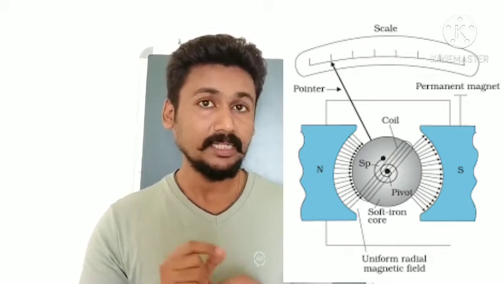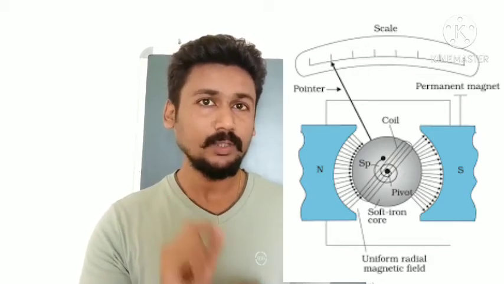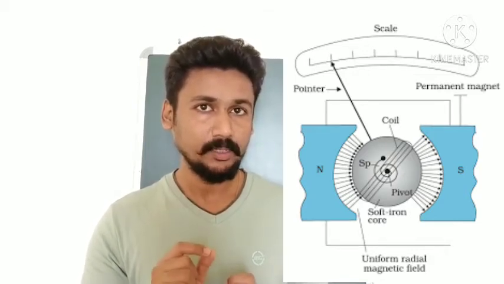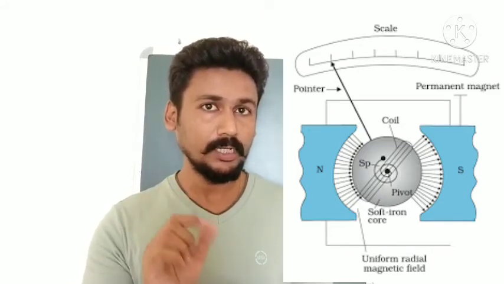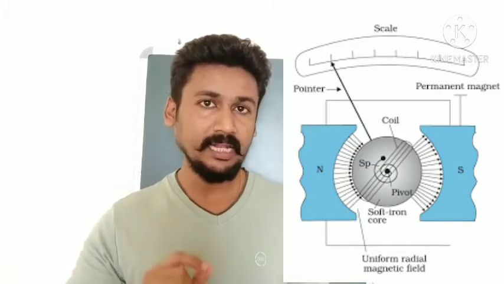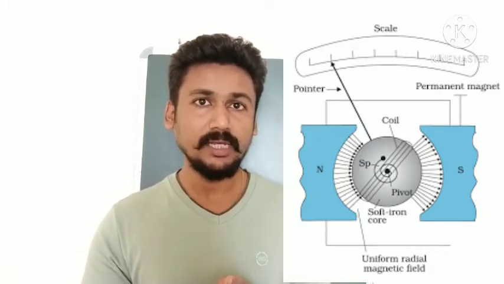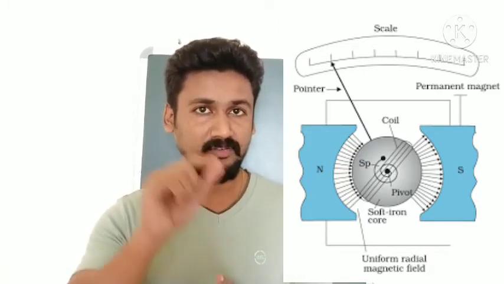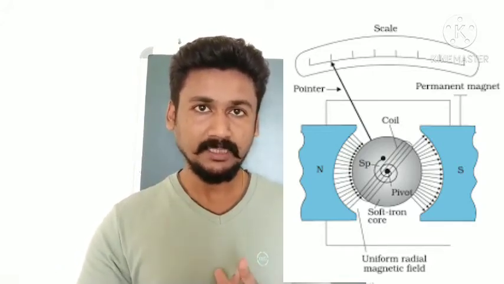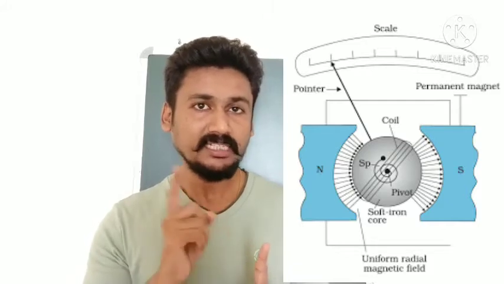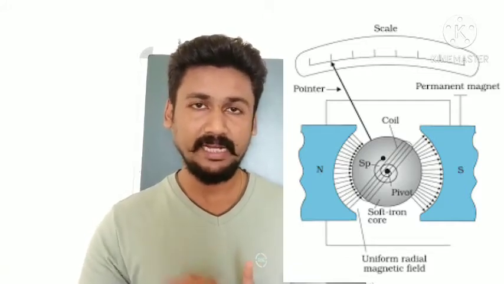That is so that we can get a radial uniform magnetic field. That is one reason. Second, inside the coil we put a soft iron core. Again, the function of the iron core is to create a radial magnetic field for the coil, so that when the coil is moving, at all times the direction of current is perpendicular to the direction of the magnetic field.